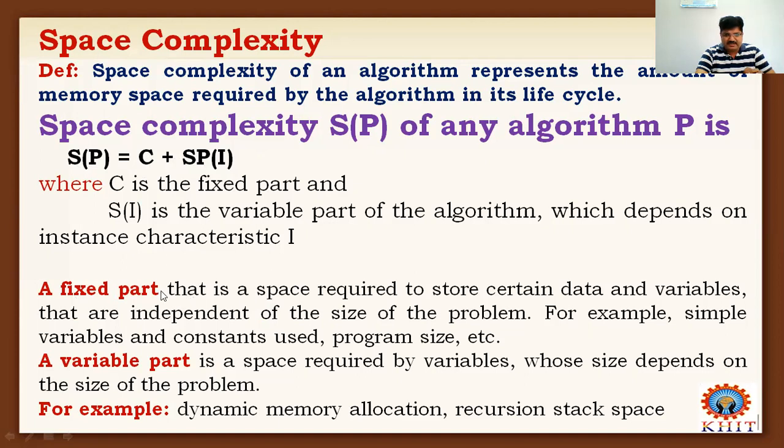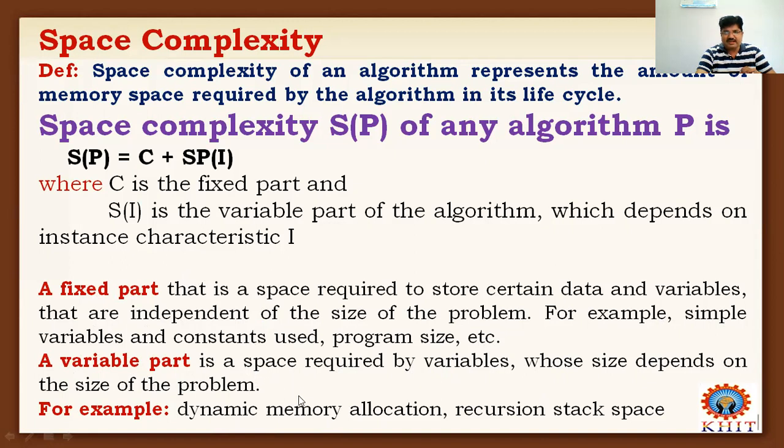So the fixed part is the space required to store certain data and variables that are independent of the size of the problem. For example, simple variables and constants, program size, etc. These are considered as a fixed part, whereas the variable part is the space required by a variable whose size depends on the size of the problem.